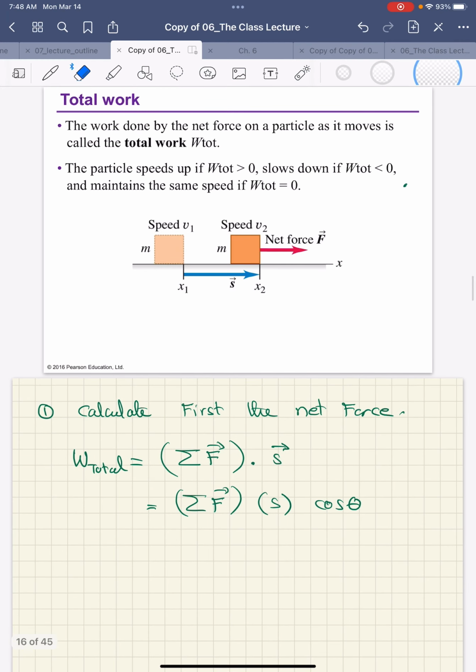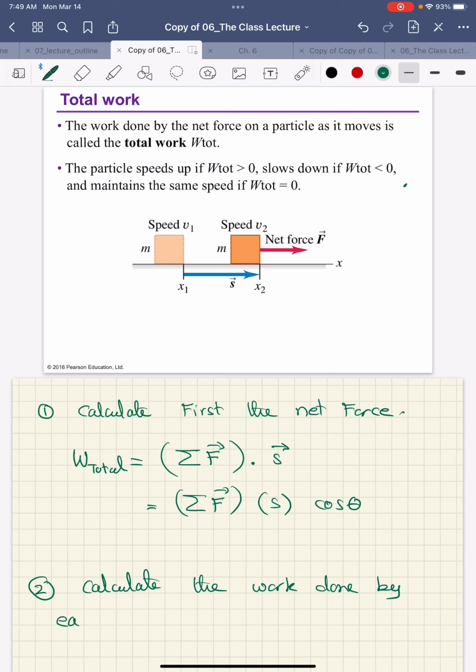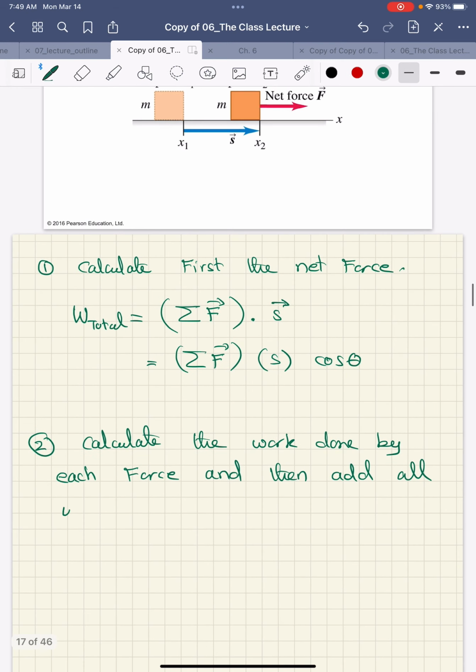Or the second approach is to calculate the work done by each force and then add all the work magnitudes together.